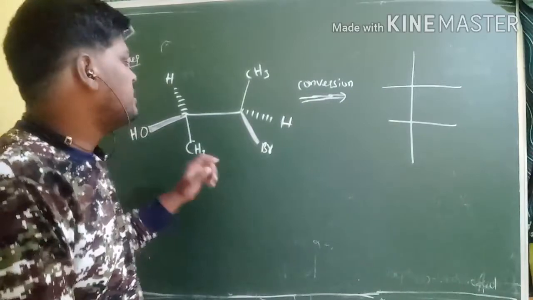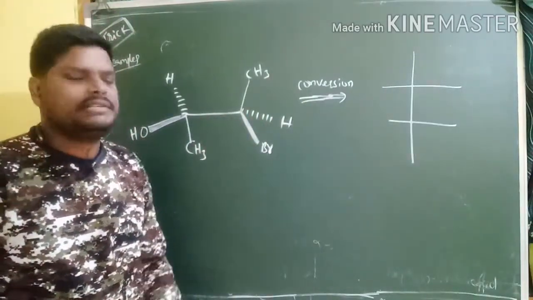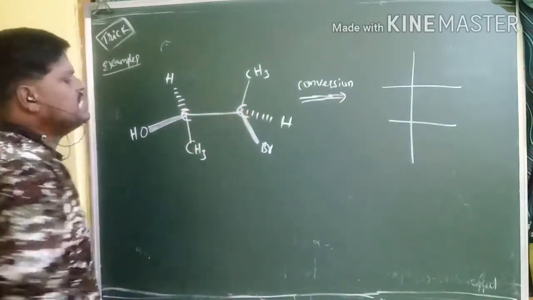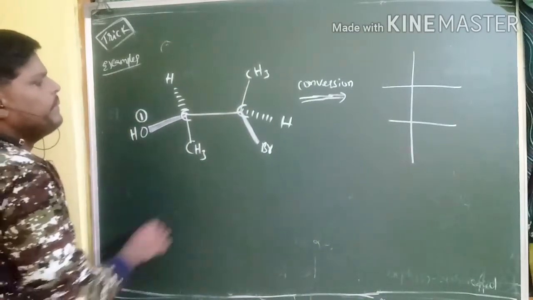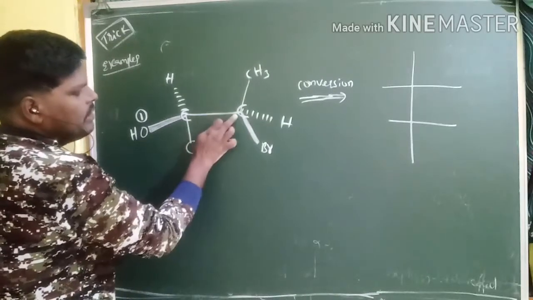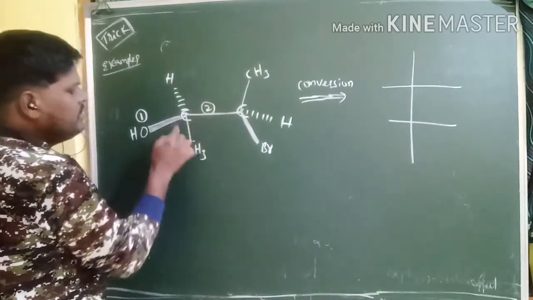Next, interconversion, Wedge-dash to Fischer projection with 2 chiral centers. So one chiral center and second chiral center. What are the first priorities? Of course, oxygen first priority. Carbon, but second highest priority bromine. That's why second priority for this one.